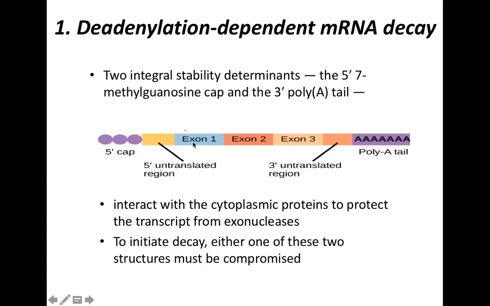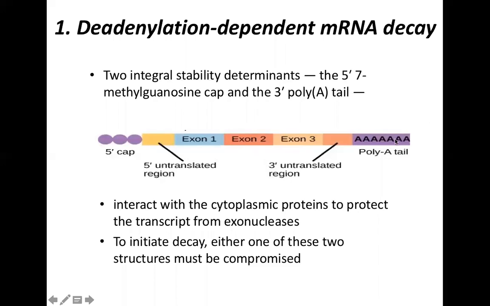Even 5' to 3' decay can be dependent upon deadenylation. You want to destroy the mRNA molecule from this side, you want to remove the cap. But if this is deadenylation-dependent mRNA decay, you would definitely need to remove the poly-A tail, and then degradation would start from 5' towards the 3' end.